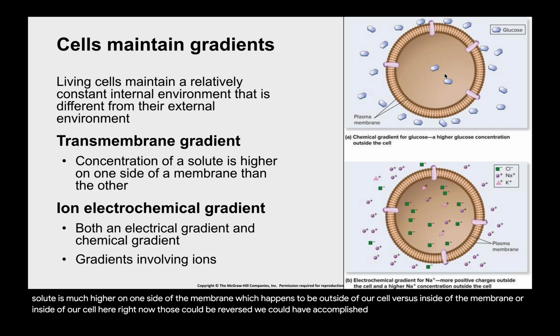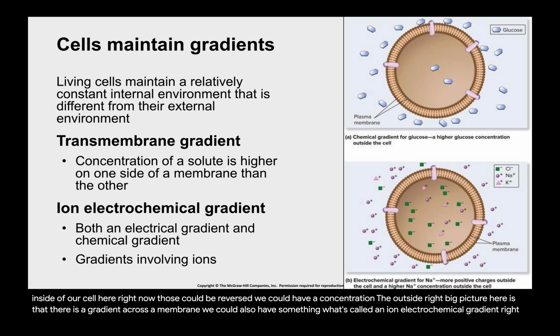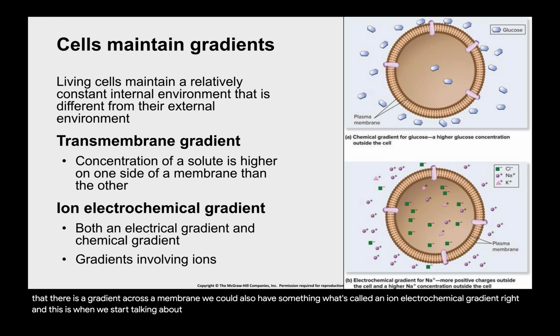We could have a concentration of something higher on the inside versus the outside. Big picture here is that there's a gradient across a membrane. We can also have what's called an ion electrochemical gradient. And this is when we start talking about charges.